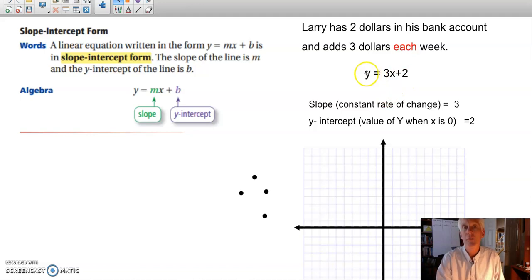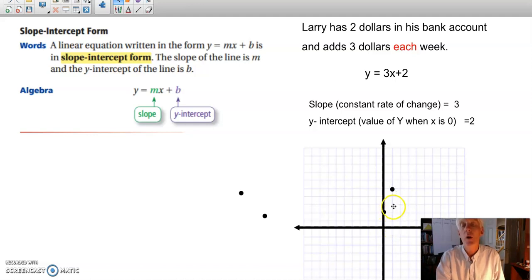So now we can graph it. We know those two things. We can graph. We don't need to make a table. We start at the y-intercept. We put a point at (0, 2). That's how much money after 0 weeks. Then every week he gets $3. So I go to the y-intercept, I go over 1, and I go up 3. There's a point.